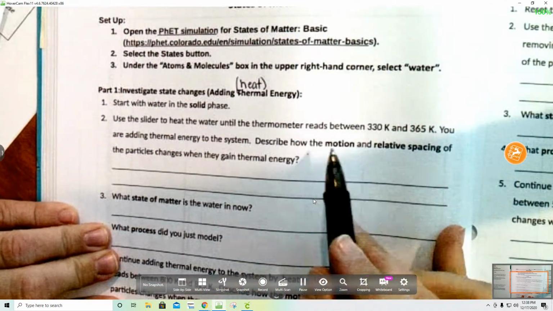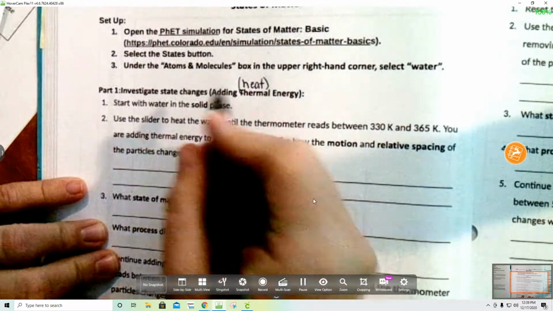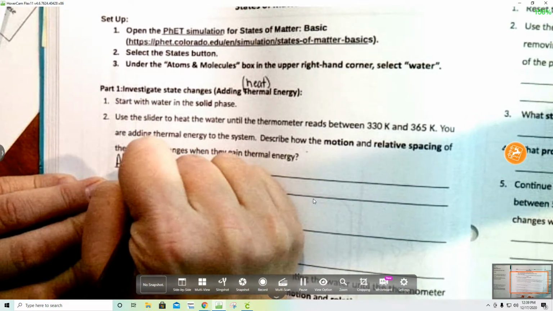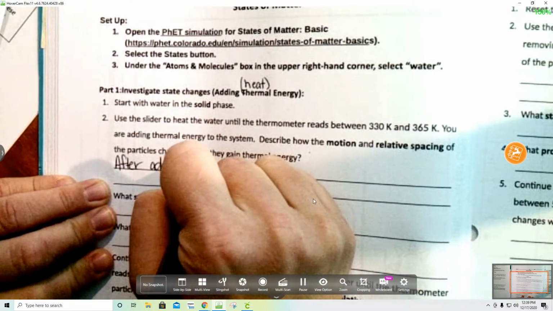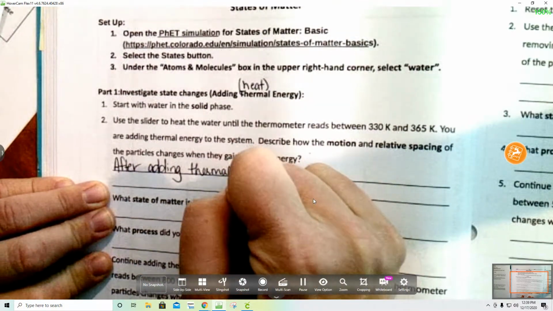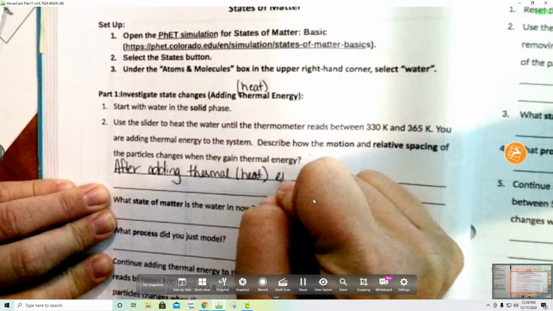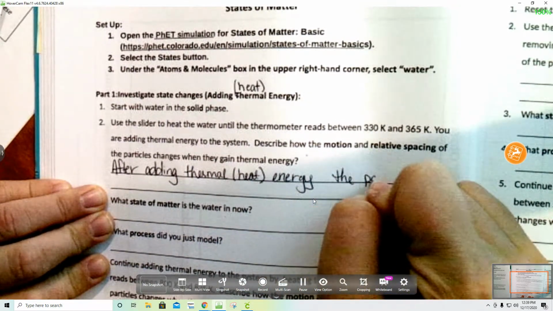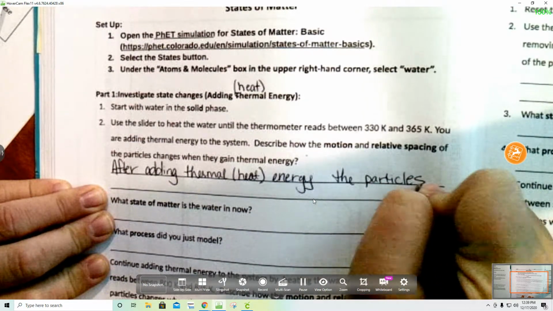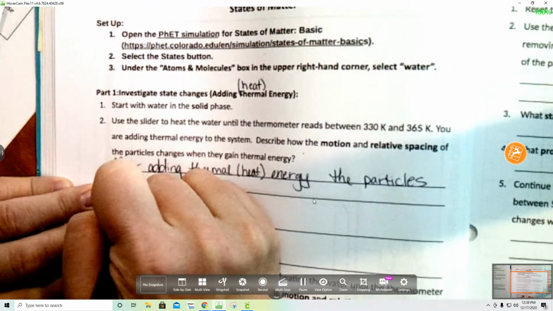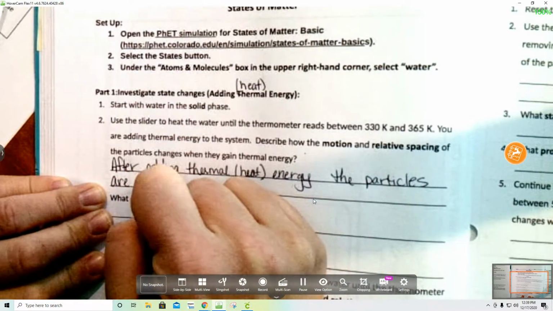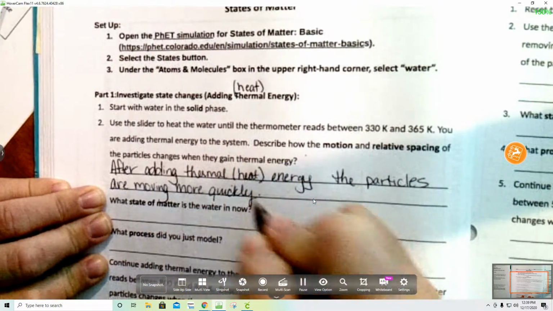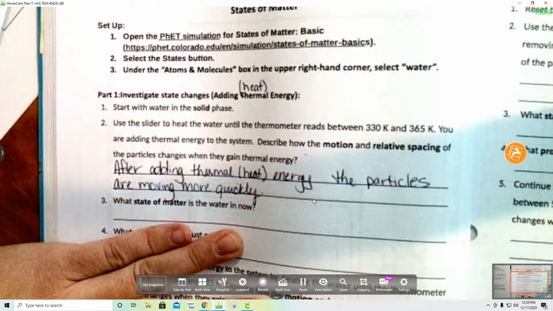Okay, so describe the motion and relative spacing of the particles. So after adding thermal or heat energy, the particles are moving more quickly than when they were a solid.